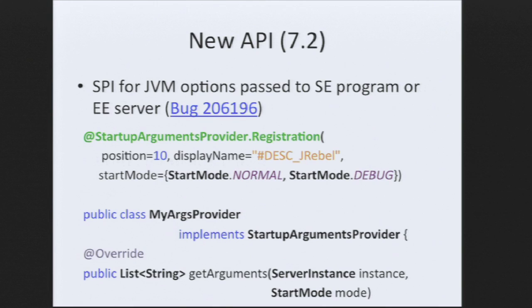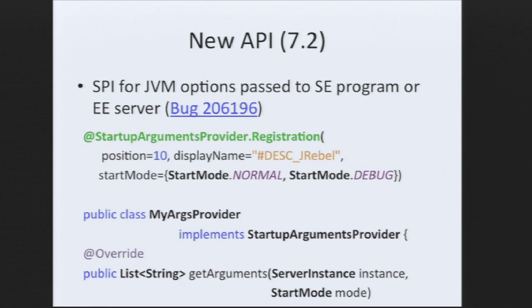But the good part is that there is a new API in NetBeans 7.2, which was successfully implemented, and using annotations you can create your own argument provider to the process, and yeah, this is how it should be. We are really happy to have it now.